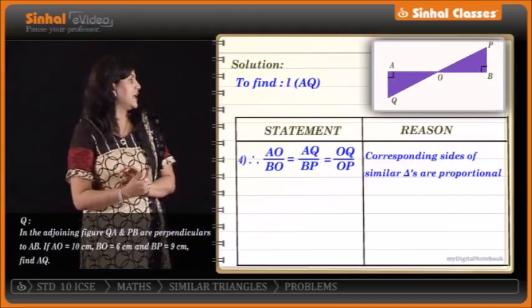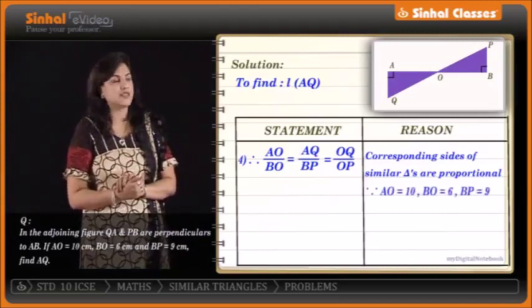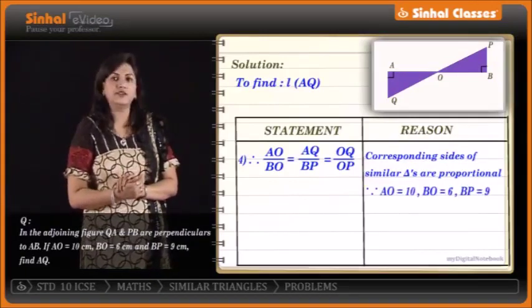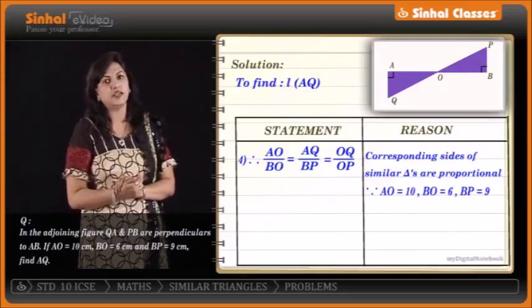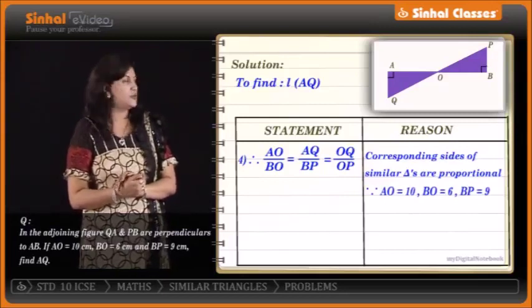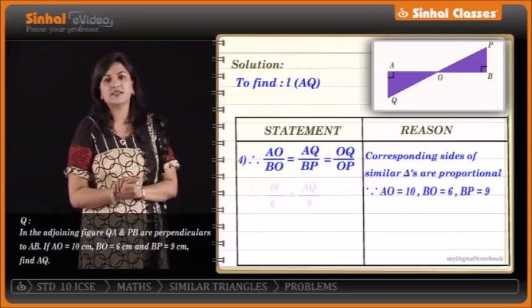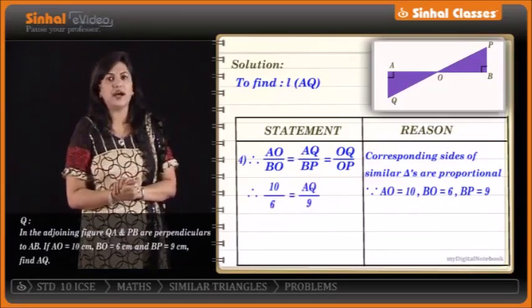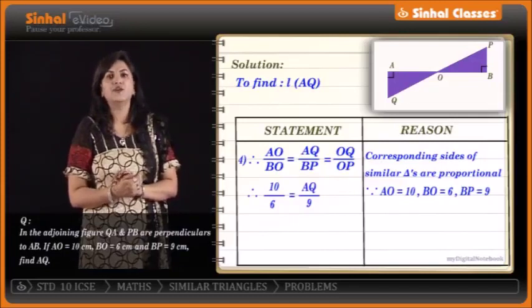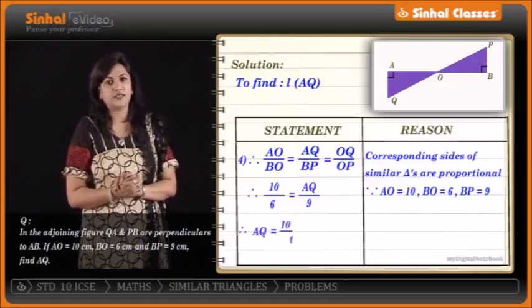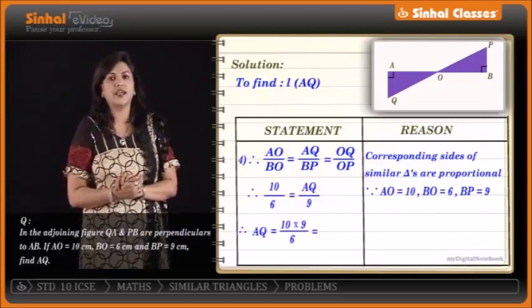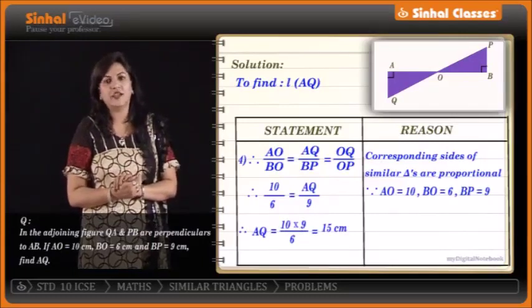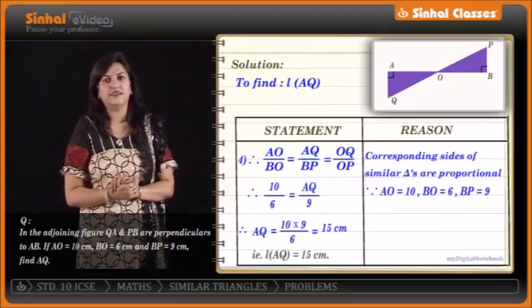We are given AO as 10, BO as 6 and AQ we need to find out and BP is equal to 9. Substitute, we have 10 upon 6 is equal to AQ upon 9. Now we cross multiply. AQ is equal to 10 into 9 upon 6. We simplify this to get 15 centimeter. So we have got the length of AQ as 15 centimeter.